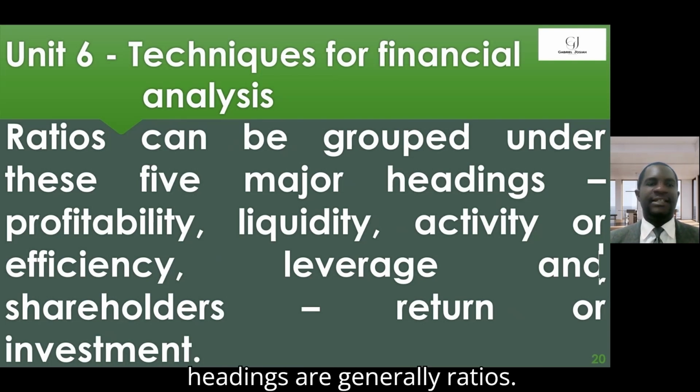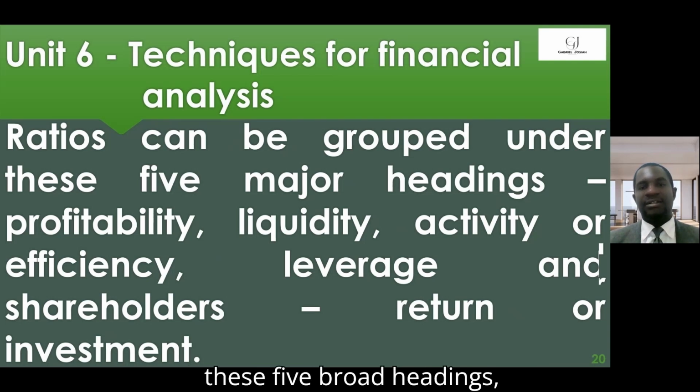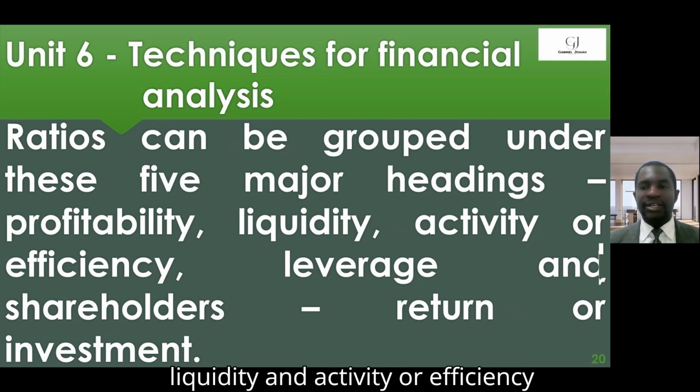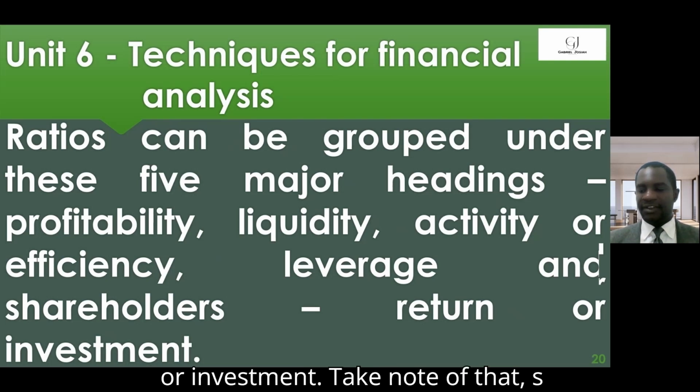So these 5 broad headings are how ratios are generally classified. I'll go over it again: profitability, liquidity, activity or efficiency, leverage or shareholders, and return or investment.